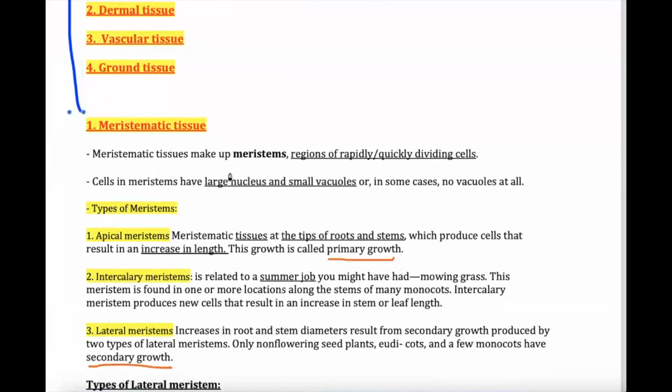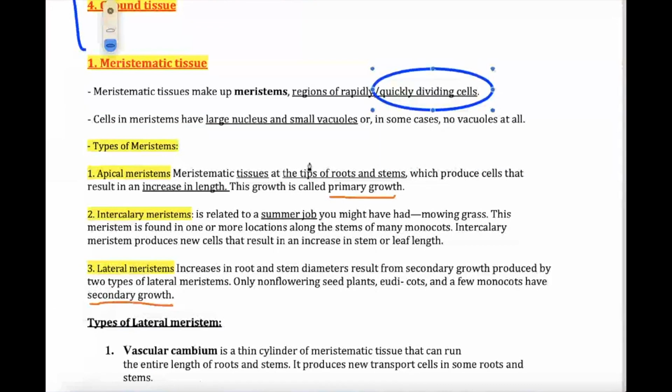Meristematic tissue is like actively dividing cells, boys. Remember this. They are quickly dividing cells. So where are the cells quickly dividing? In the tips. So if you see meristem tissue at the tip of the root and shoot, it is called the apical meristem.